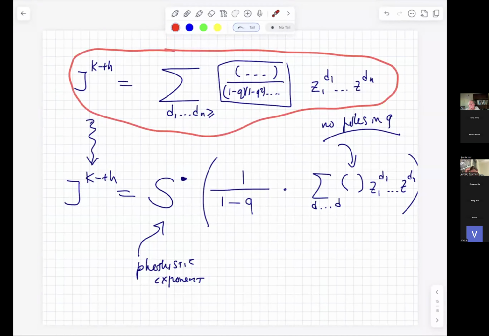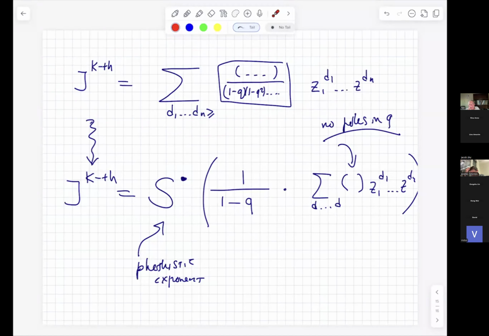I don't know how to construct the whole J function, but there are some limits of the J function which exactly compute the characters of the representations of these Yangians. That is true. There is a hope for people who like representation theory to do something here.